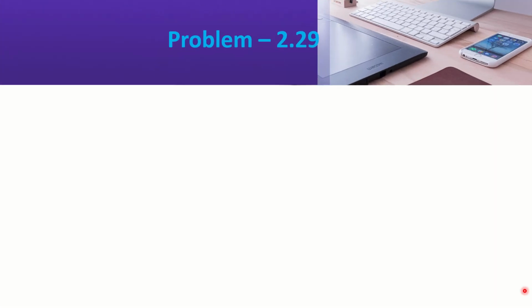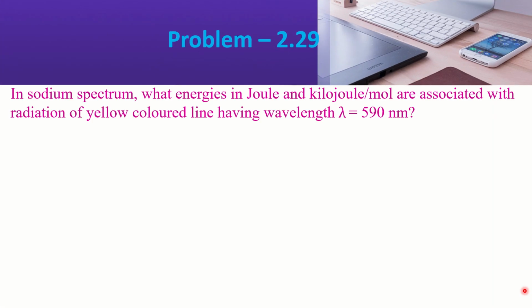Now problem 2.29. In sodium spectrum, what energies in joule and kilojoule per mole are associated with radiation of yellow colored line having wavelength lambda equal 590 nanometer. Here you have to find out the energy of the spectrum that has wavelength 590 nanometer.